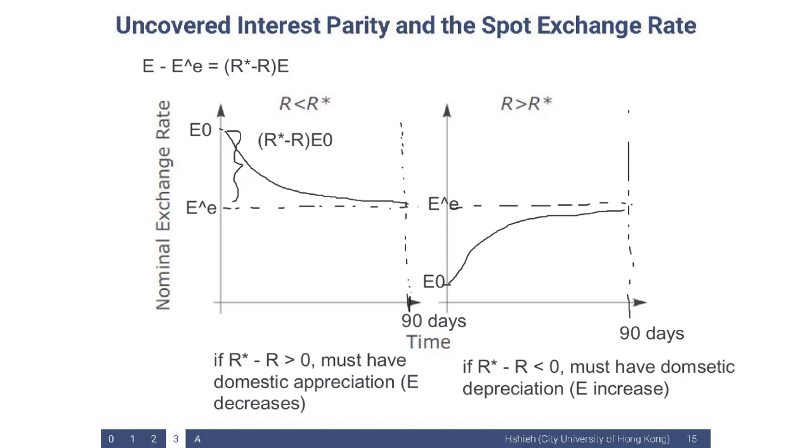Therefore, this term must be negative. And that means that our spot exchange rate has to be below, right, our E hat E. If R star minus R is negative, then we must have domestic depreciation.